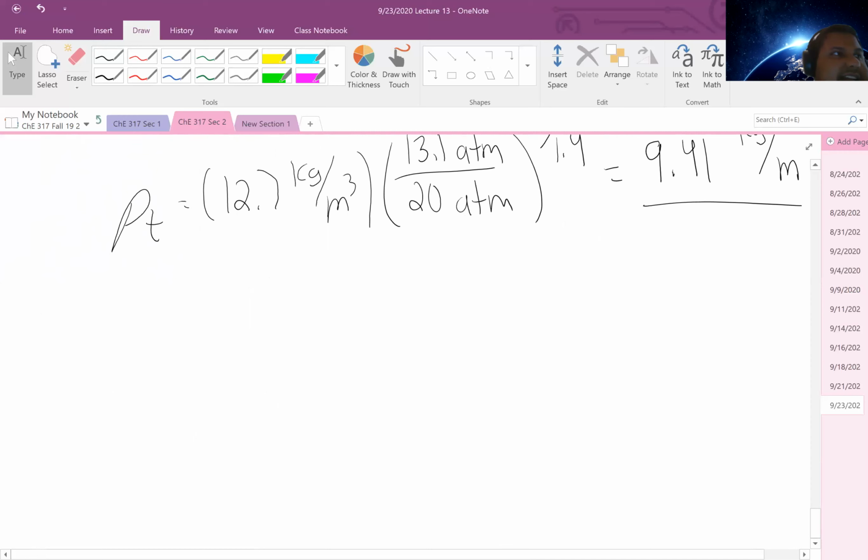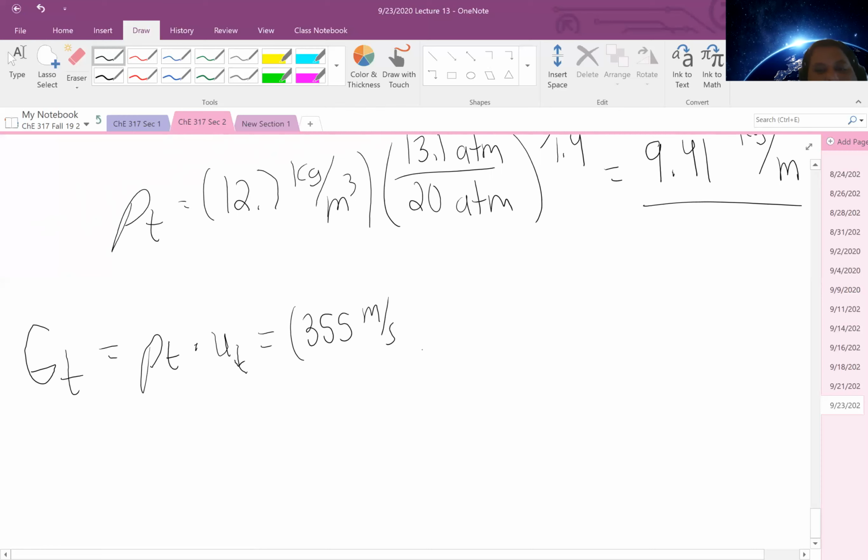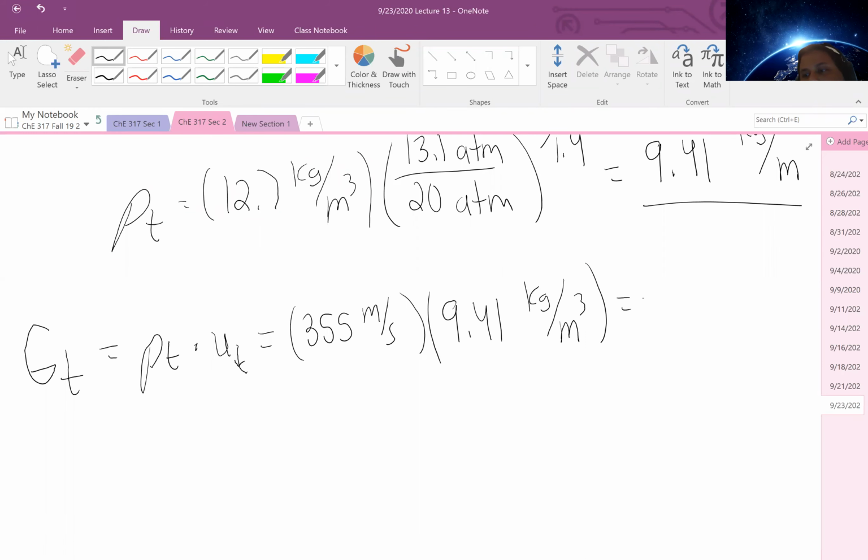Now that I have my density and my velocity, I can solve for my mass flux or my mass velocity at the throat, which is just the 355 meters per second times my 9.41 kilograms per cubic meter. And I'm left with approximately 3,340 kilograms per meter squared second.